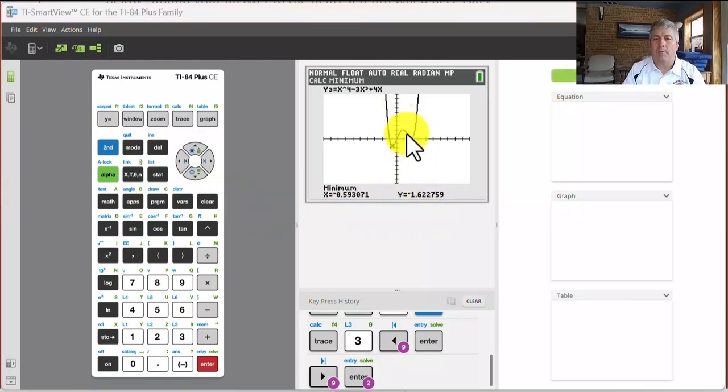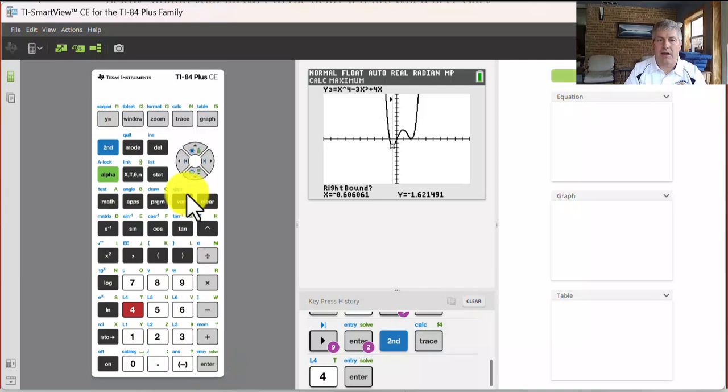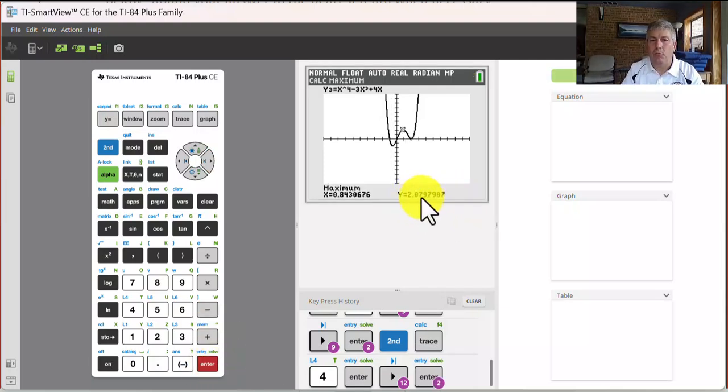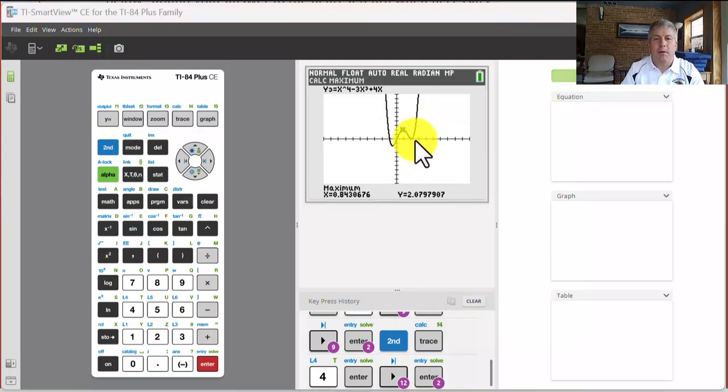Continuing on, I'm going to find this local maximum here. So again, second calc, we'll do the local max, our left-hand bound, our right-hand bound, and we find that is 2.079 or 2.080.